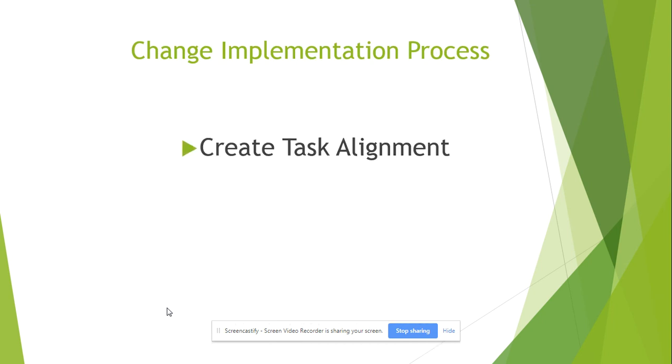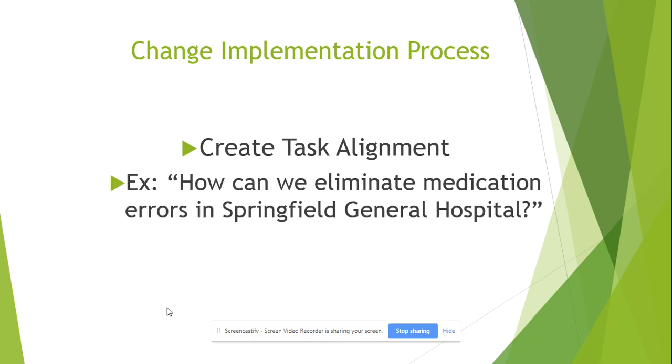Next, we create a task alignment. For example, we can begin with a question. In this case, how can we eliminate medication errors in Springfield General Hospital? Task alignments are vital as they employ the insights of organizational development and a drive to produce outstanding performance.